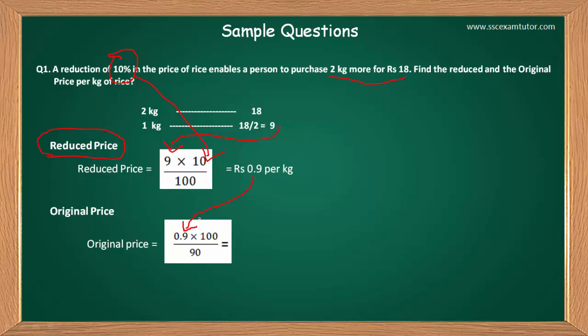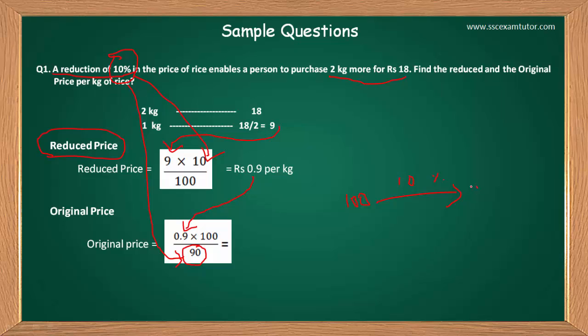Take this reduced price, where does this 90 come from? Let me explain. The question said a reduction of 10%, right? So let's consider you have 100 rupees and there is a reduction of 10% in it.